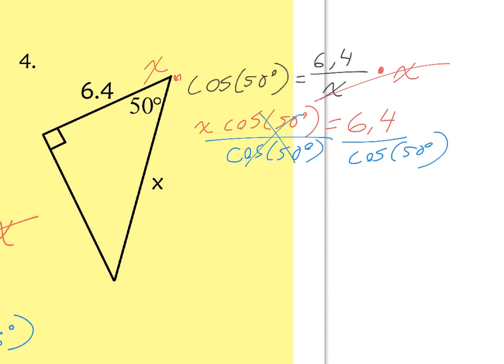Those cancel out. I'm left with x equals 6.4 divided by the cosine of 50 degrees. Alright?